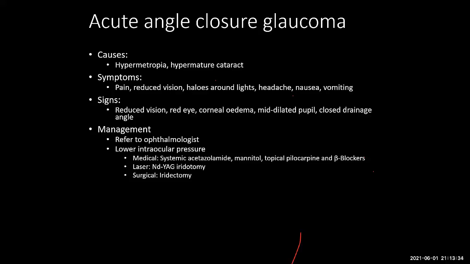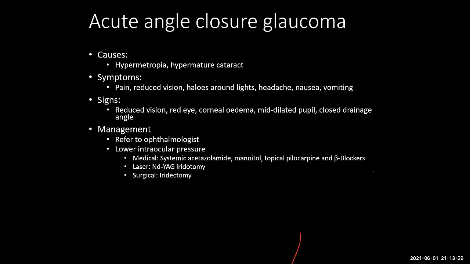Their eyes are very small. If you look at the axial length of the eye, in a normal person it is about 23 millimeters, but in them it may be 20 millimeters. So the eye is smaller, so the anterior chamber is relatively crowded or small. So their angle closure can happen very, very easily.